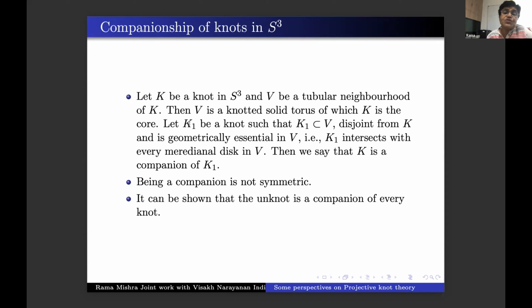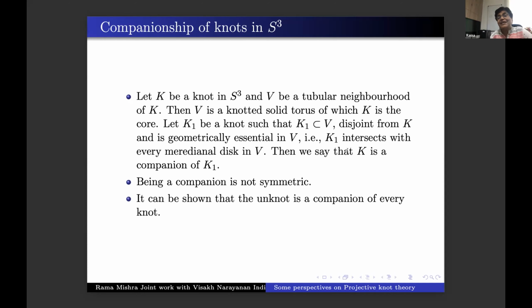Now, suppose you have another knot K1, which lies in the same torus, but is disjoint from K, and it should be geometrically essential, which means it should intersect every meridional disk in V. Then in that case, we would say K is companion to K1.